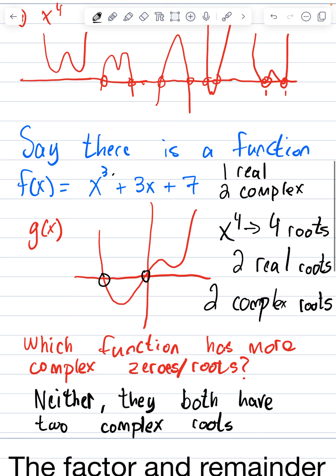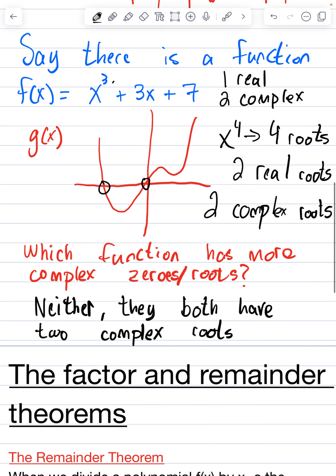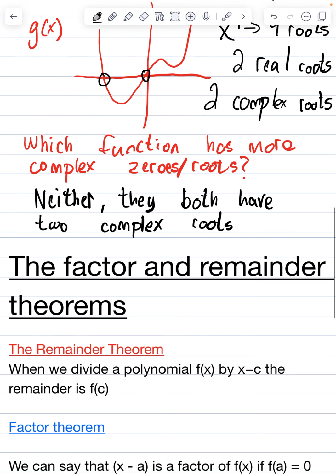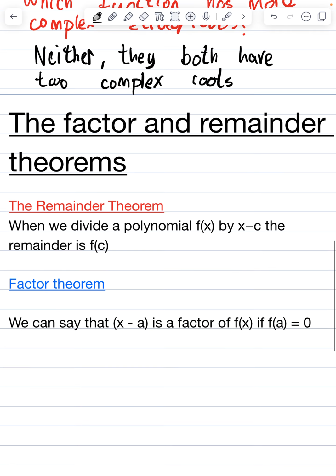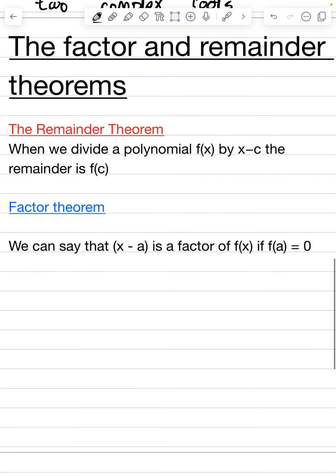So let's move on to the factor and remainder theorem. They kind of lend themselves into each other, in that one is derived from the other. The remainder theorem says when we divide a polynomial f of x by some factor x minus c, the remainder is f of c.